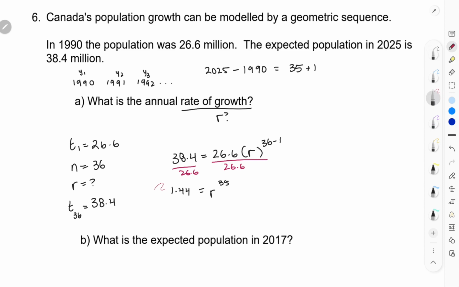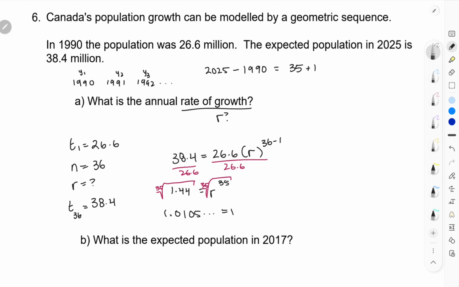Now I take a 35th root, right? Which is the same thing as a power of 1 over 35. But I punch that into my calculator. And I get 1.0105, yada, yada, yada.